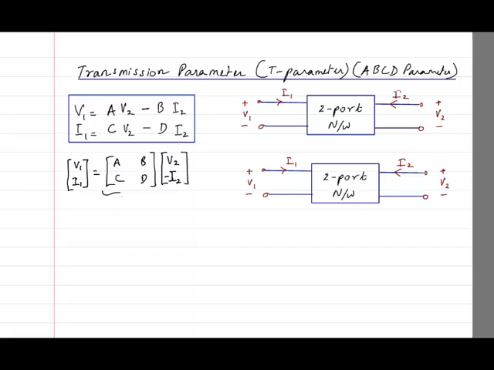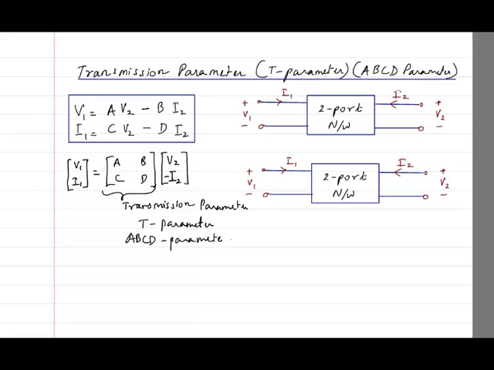This is what is called the transmission parameter, or T parameter, or more popularly known as ABCD parameter. You will use this a lot when you study subjects like microwave engineering.